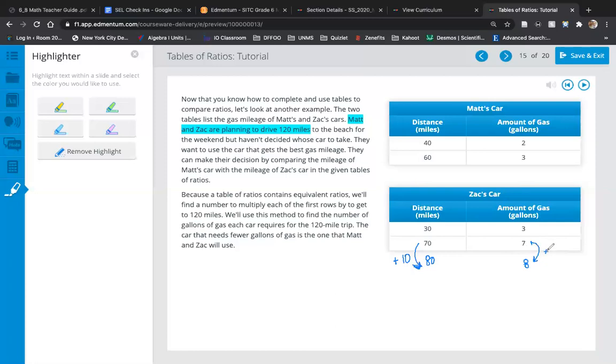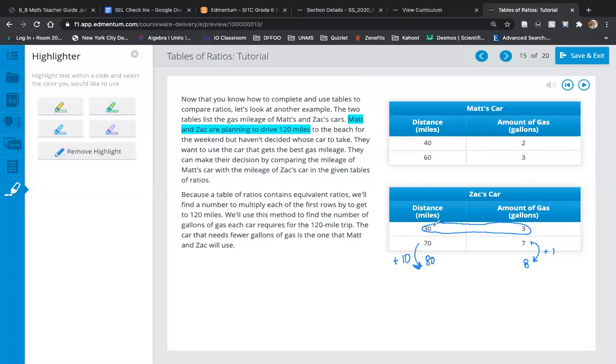So this basically tells us that if I increase 1 gallon, I'm going to go an extra 10 miles, right? If you look at this first row on your table, you can use this information to figure out the unit rate.